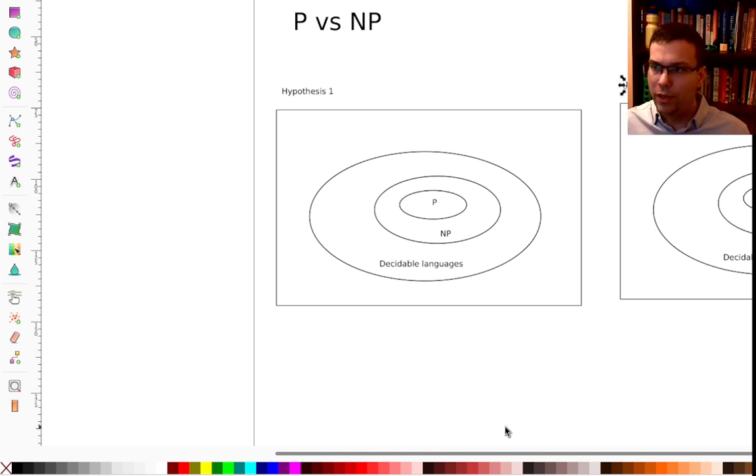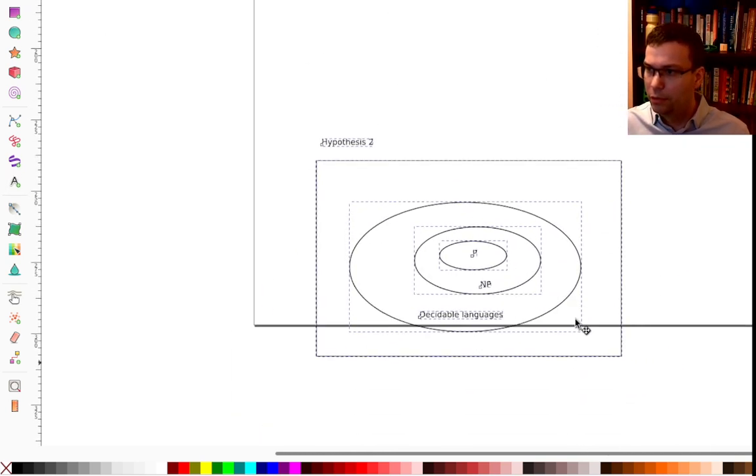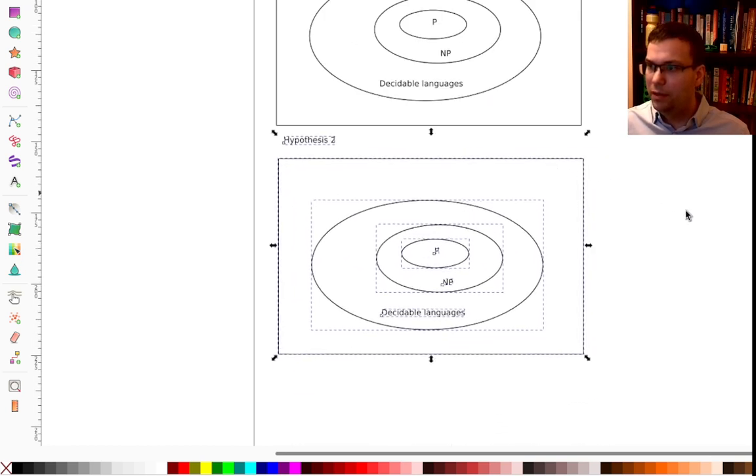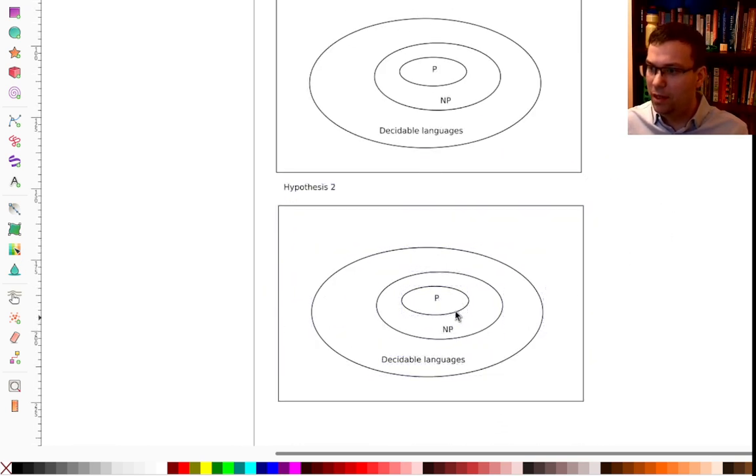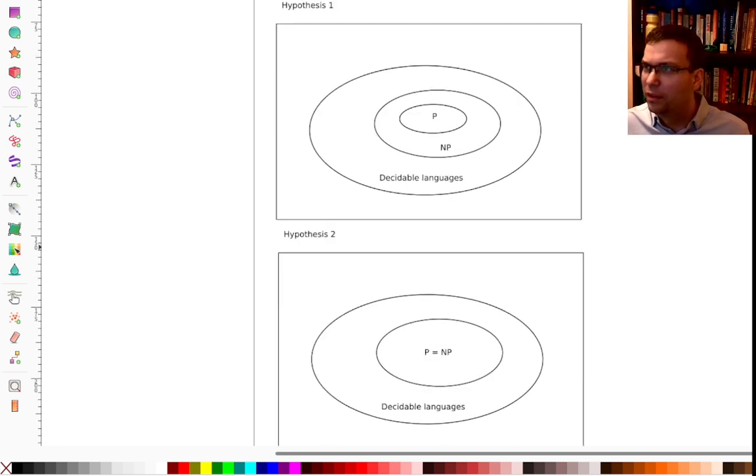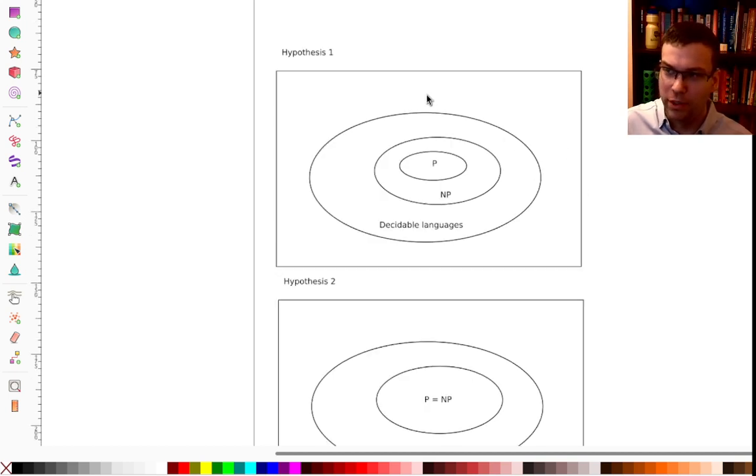So the second hypothesis is simply that P and NP are the same. I would say P is equal to NP. And amazingly, nobody has managed to rule this out completely, after decades of trying. But I think most people believe that hypothesis 1 is true.